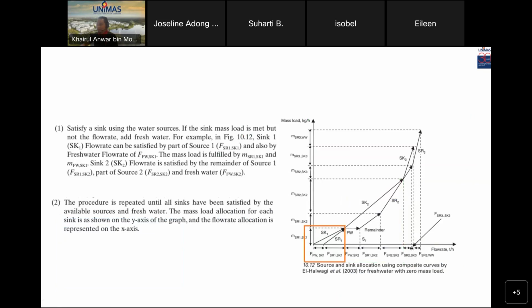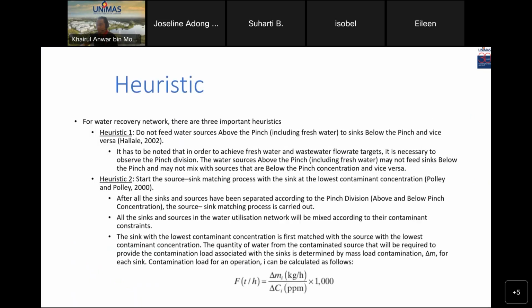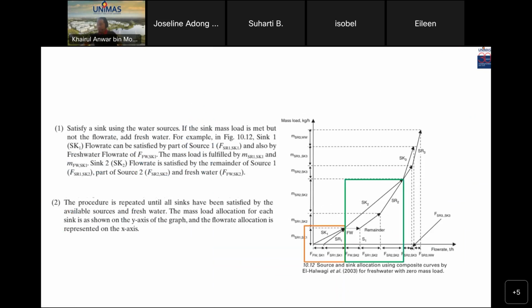So for wastewater, because it is above the pinch, based on El-Halwagi's proposal, the water composite curve and pinch purity for above the pinch, we can partially treat the SR3 wastewater, the remainder of SR3, to upgrade the water purity.